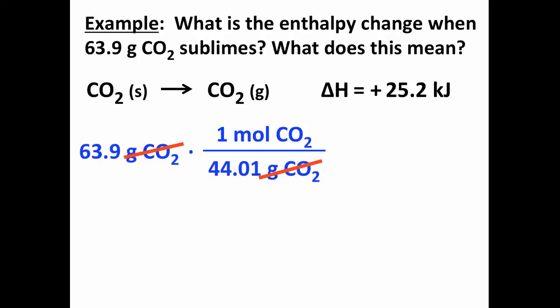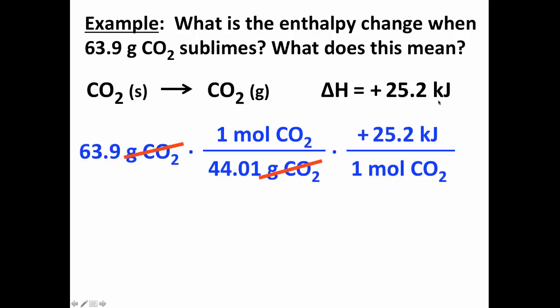And then once we have moles, we can say, oh, well, what we know is 1 mole of CO2 solid takes 25.2 kilojoules of energy to sublime. That's our stoichiometric conversion factor, but now involving the enthalpy of reaction, or the enthalpy change for this reaction.